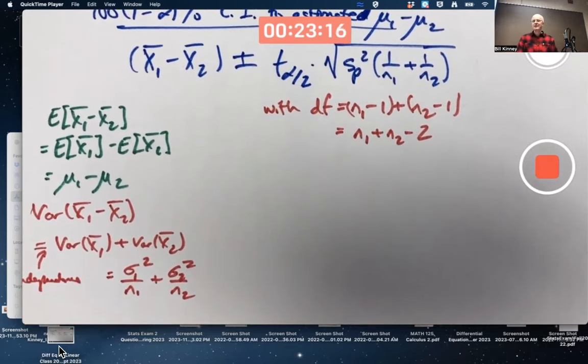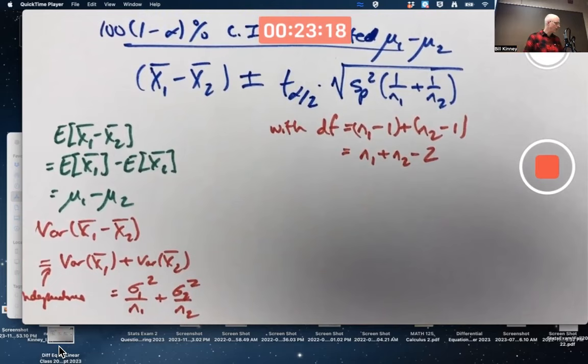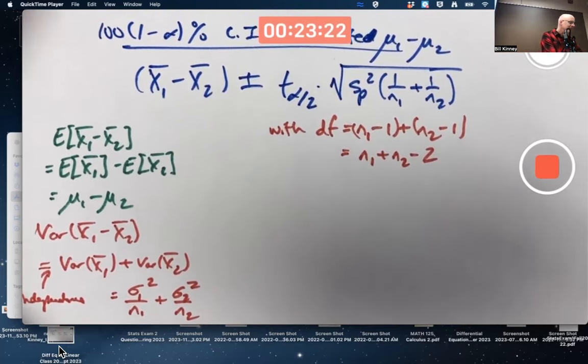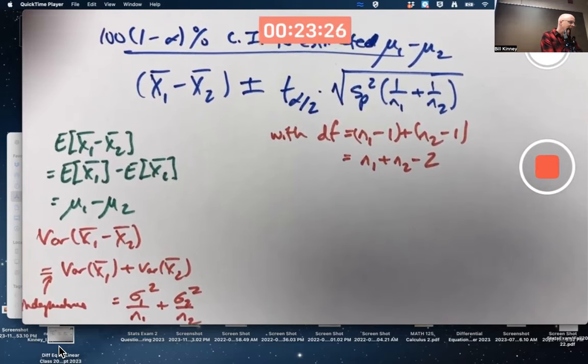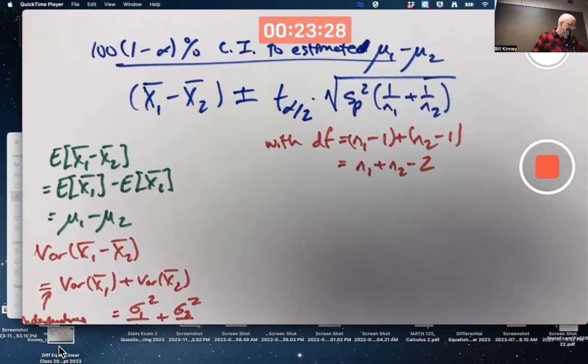It involves something called the Smith-Satterthwaite formula. And I guess I should show that to you in all its glory. It is in the book. I think I'd used this formula once without making a mistake. Once in my life. I tried a few other times and I made a mistake every time.